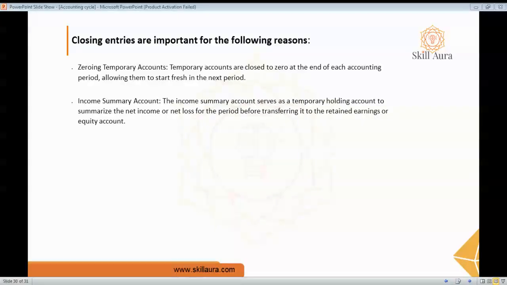The temporary accounts are closed to zero at the end of each accounting period, so they can start fresh in the next period. The income summary account serves as a temporary holding account to summarize the net income or net loss for the period before transferring it to retained earnings or equity.